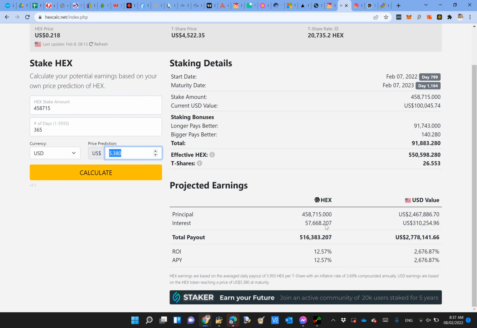Based on this price prediction, the interest in HEX is worth this amount, which is more than your principal, because you've staked 100,000 and you're getting 3x back in just interest. So the total amount is this much if the price goes there. Obviously if the price goes to $49, then we're looking at much more.